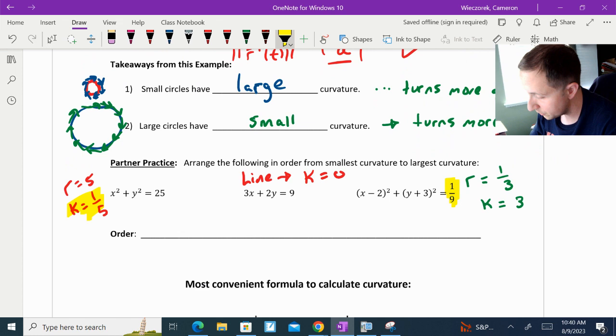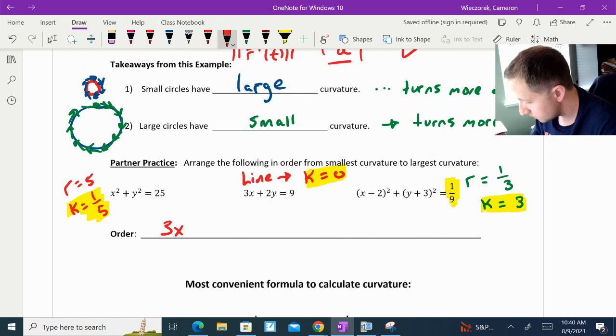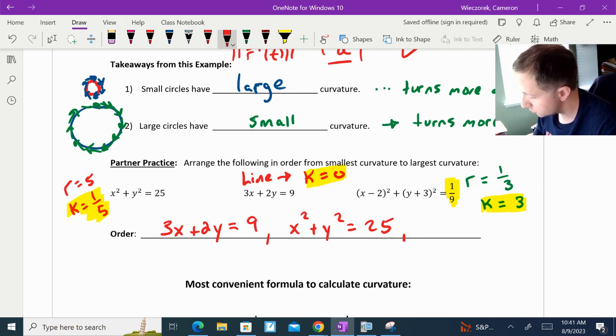So putting these in order, the first curve has a curvature of 1/5. Our line has 0 curvature, and our third circle has a curvature of 3. Putting them in order from smallest to biggest, the line would come first, since it has 0 curvature. Then our circle with a radius of 5 would come next, so x squared plus y squared equals 25. And then finally, the circle with the smallest radius would come last.